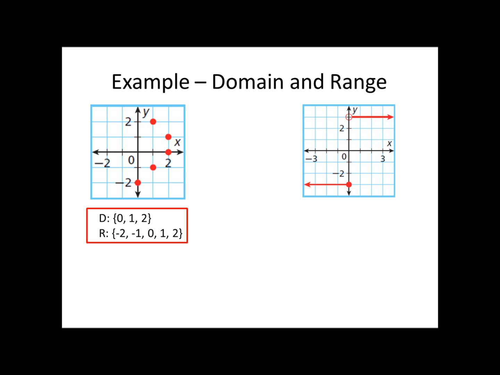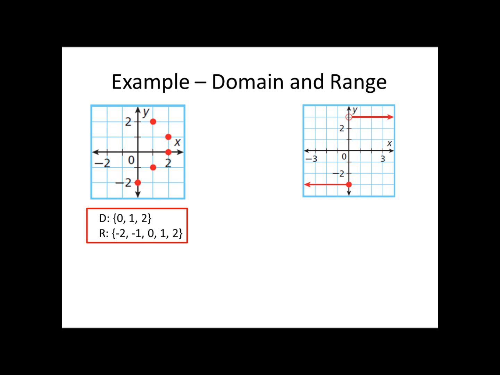We don't need to list the 2 in the domain again, but we'll list that 1. So, right away, I see that there's only 3 numbers in our domain. There are 5 numbers in our range. This is not a function. Whenever you see more numbers in your range than in your domain, it's not a function.